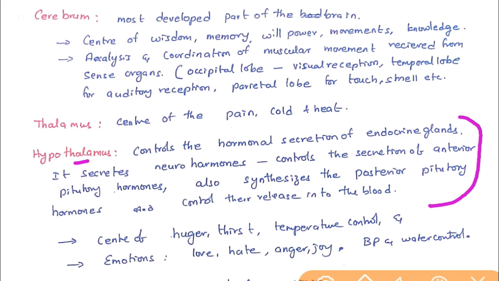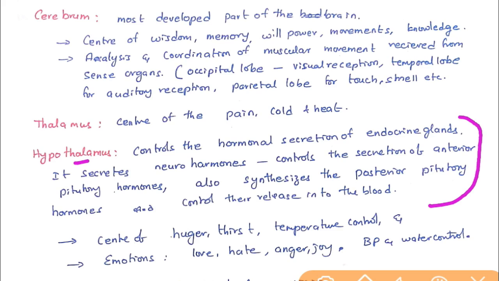See, unless and until the endocrine gland gives orders to all the glands, no glands will function, friends. So we are going to see the endocrine system soon. By then you will come to know.